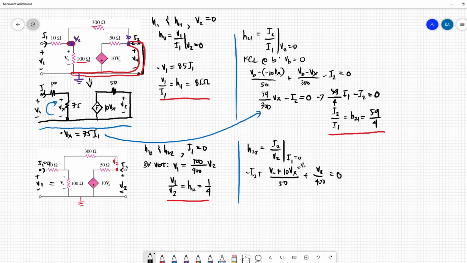Now our Vx is just equivalent to V1, and then we can express our V1 in terms of V2 using this equation. Our V1 is just equivalent to 1/4 V2. Substituting this value to here, we have negative I2 plus 29 over 400 V2 equals to 0. So our I2 over V2, which is our H22, equal to 29 over 400 S.